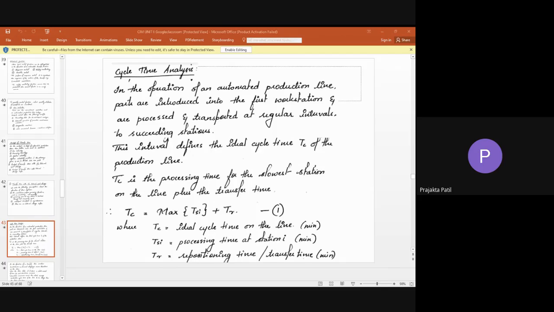As I said, there are a number of reasons for breakdown on an automated production line. One reason could be a power cut, power failure. There can be worker breaks. There can be a mechanical failure of the workstation, or a mechanical failure of the transfer system itself.